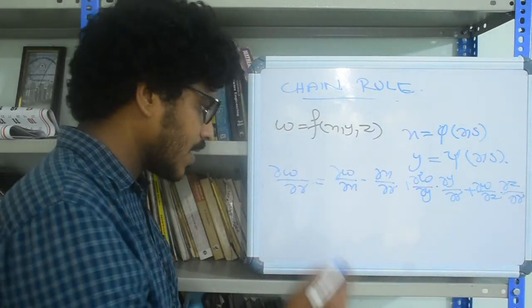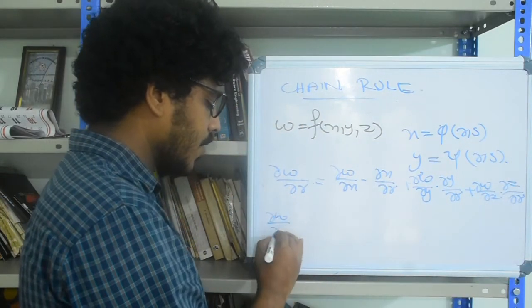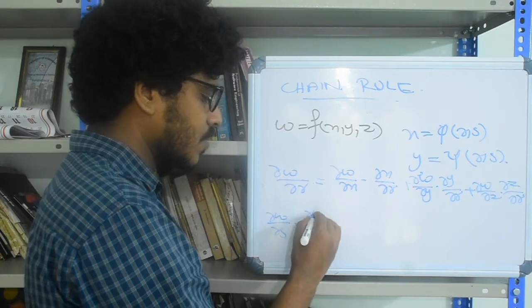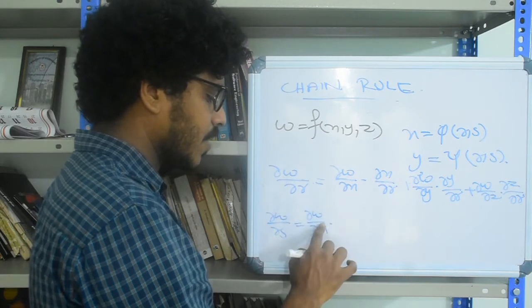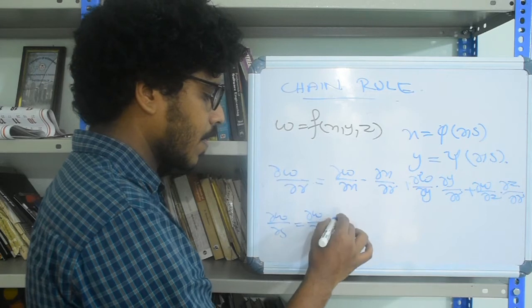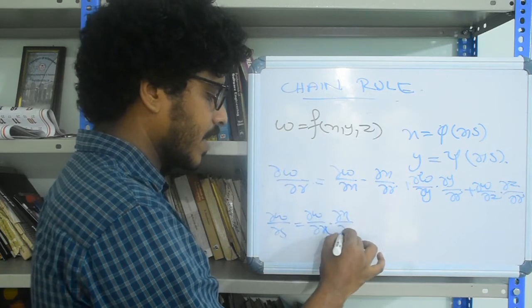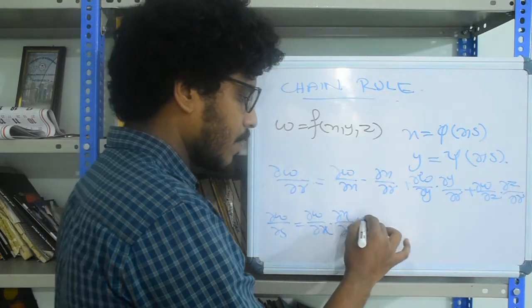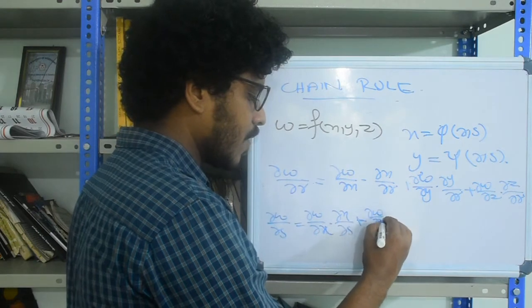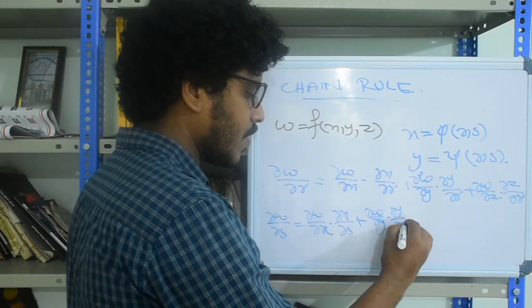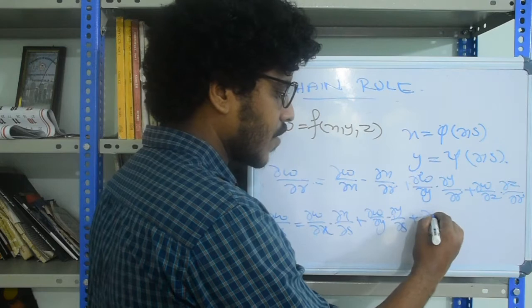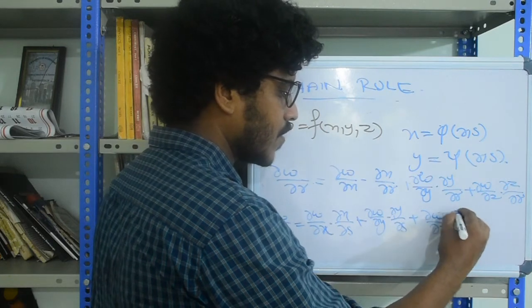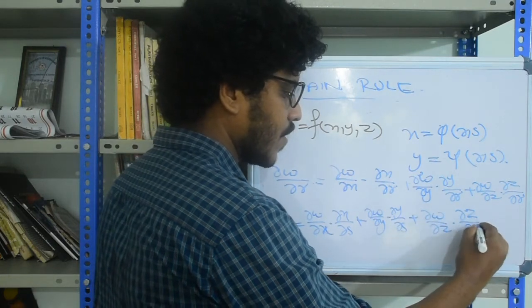Similarly, dou w by dou s can be evaluated as dou w by dou x into dou x by dou s plus dou w by dou y into dou y by dou s plus dou w by dou z into dou z by dou s.